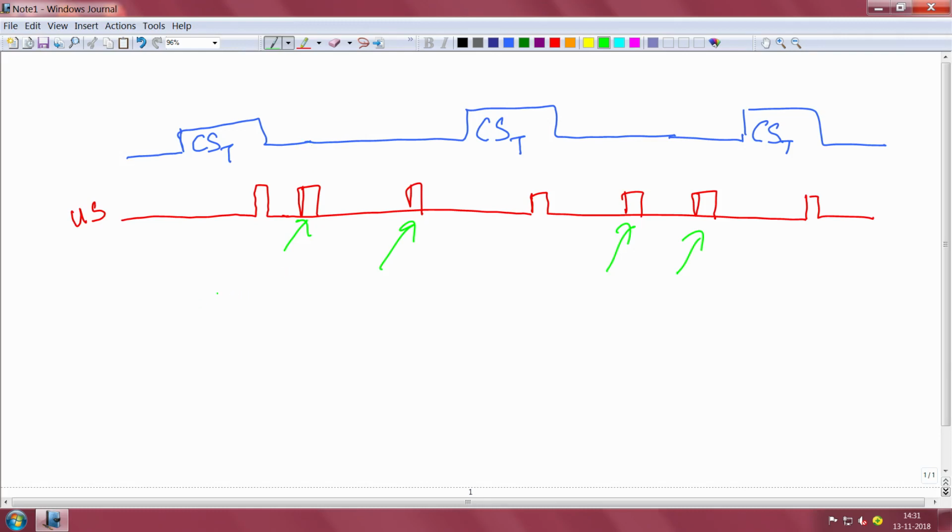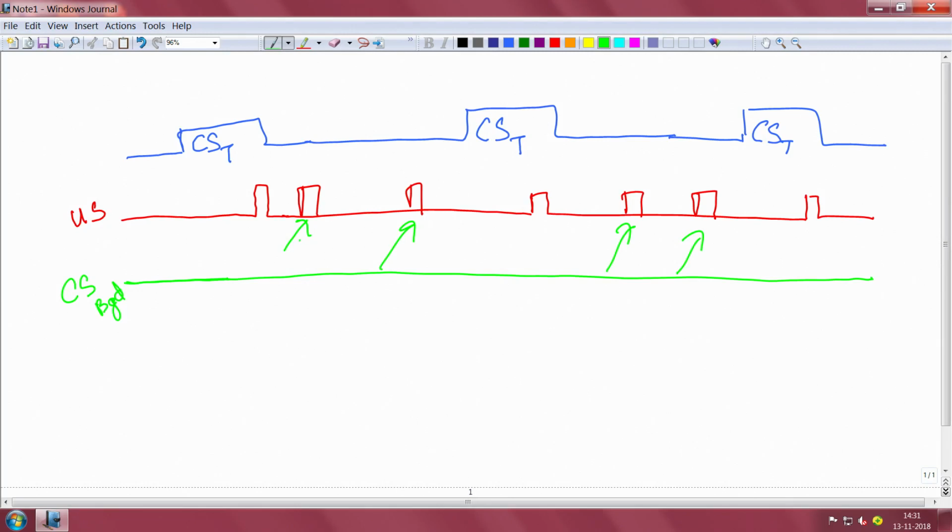So, the view of the animal here would be that there is a constant presentation of CS background, irrespective of whether we have given it voluntarily or presented it intentionally or not.